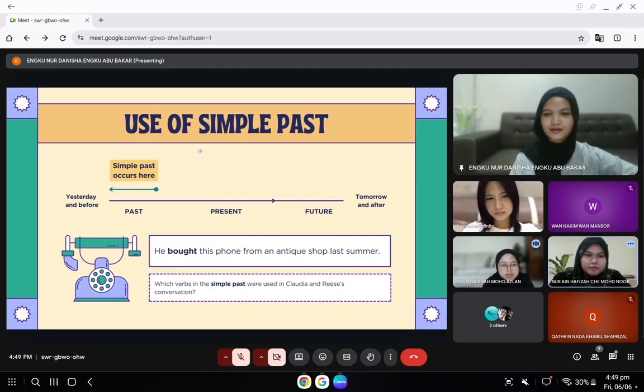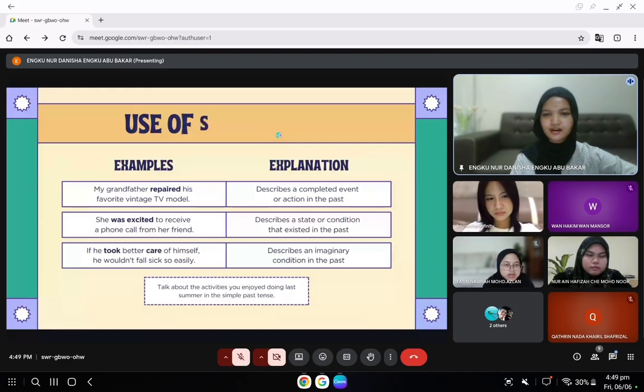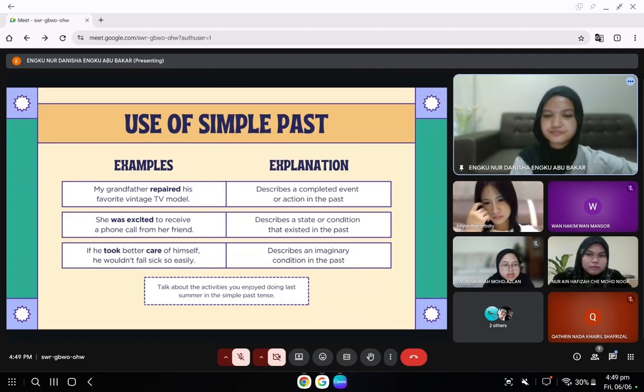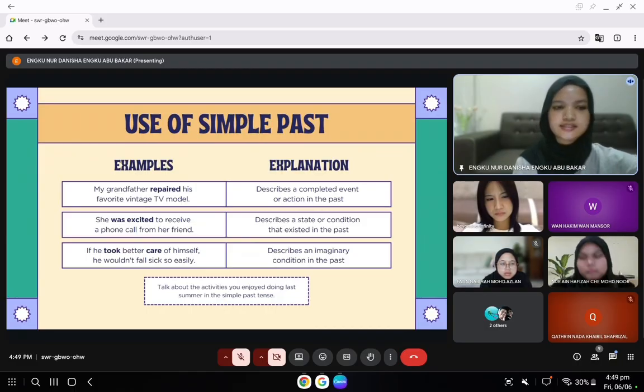Okay, moving on to the use of simple past and the examples. The first example, my grandfather repaired his favorite vintage TV model. The explanation is it describes a completed event or action in the past. And to describe a state or condition that existed in the past, we can say she was excited to receive a phone call from her friend.